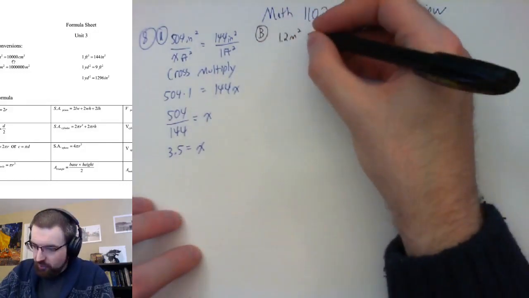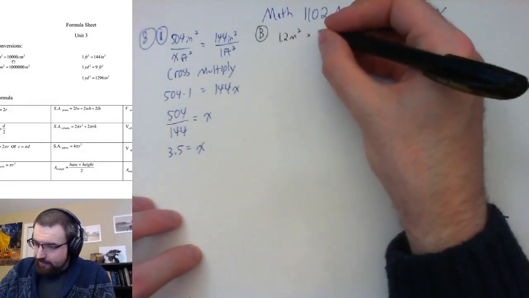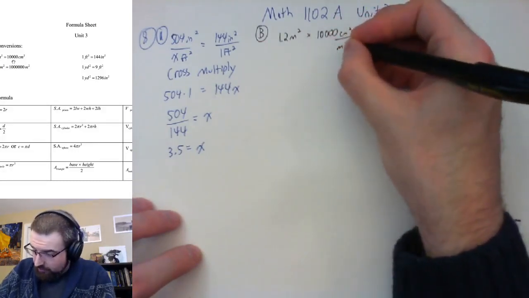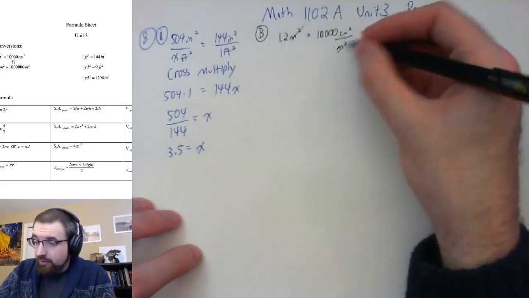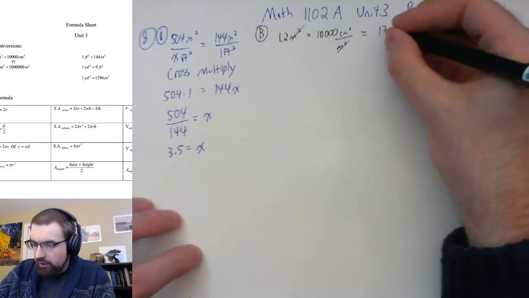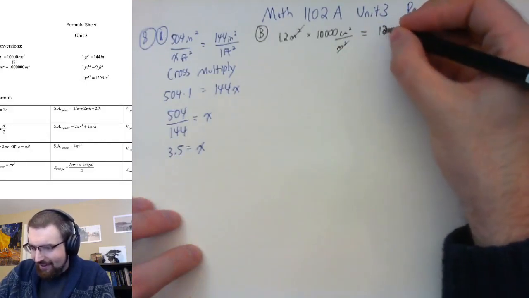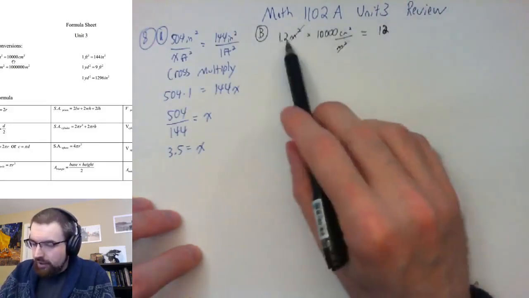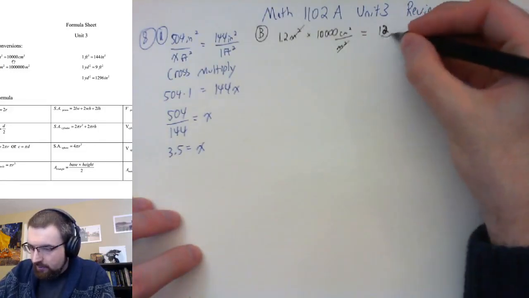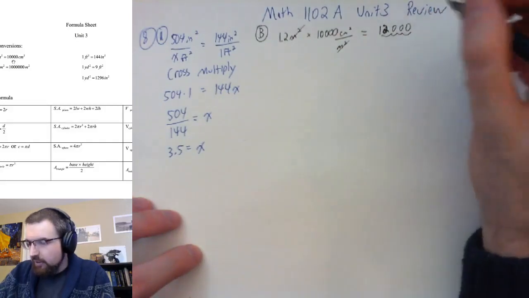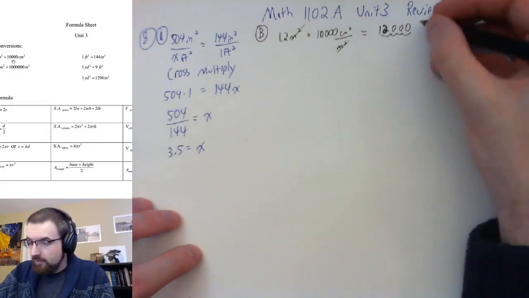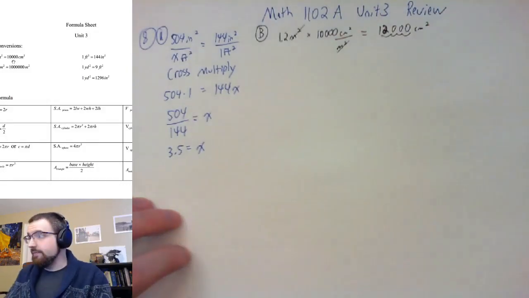So what I can do is 1.2 meters squared multiplied by 10,000 cm squared per every meter squared. And now the meter squared is going to cancel with meter squareds, and I'm just going to have 1.2 times 10,000. I'm going to have the 1 and the 2, and then we're going to move 4 places to the right. 1, 2, 3, 4. Fill those in with zeros. There we go. 1.2 is going to be 12,000 centimeters squared.